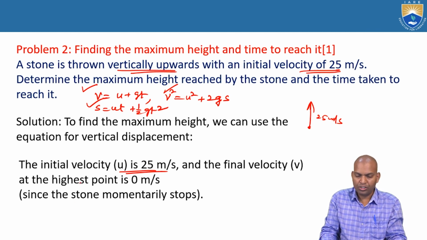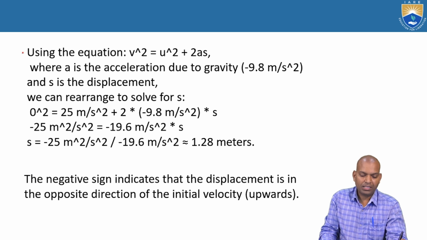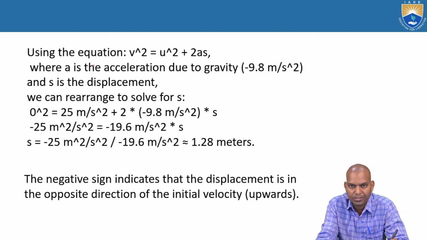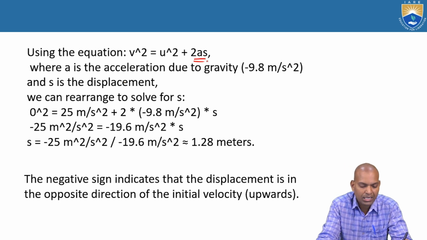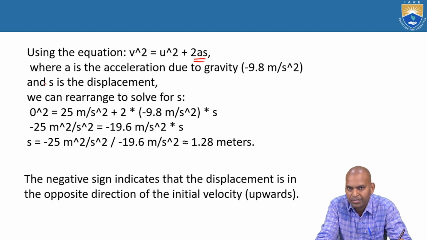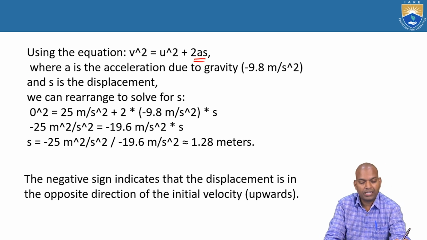So which of these three equations are we going to use? You might already have an idea. The equation we are going to use is v squared equals u squared plus 2gs, where g is the acceleration due to gravity, 9.8 meters per second squared, and s is the maximum height. The final velocity v is 0 and the initial velocity u is 25 meters per second.